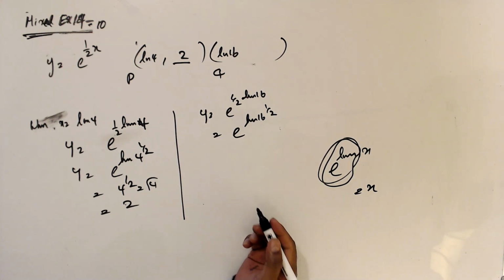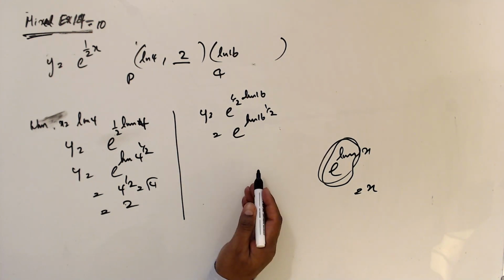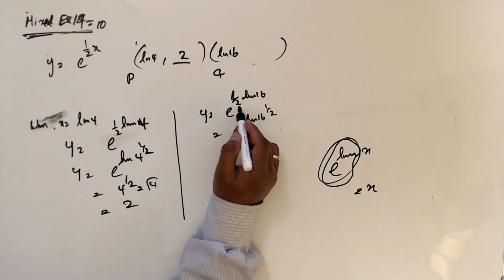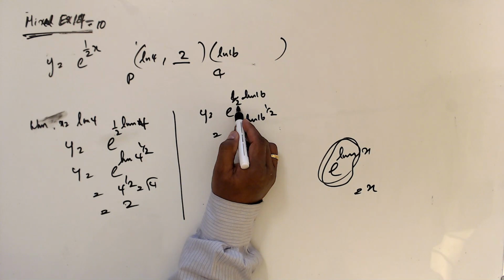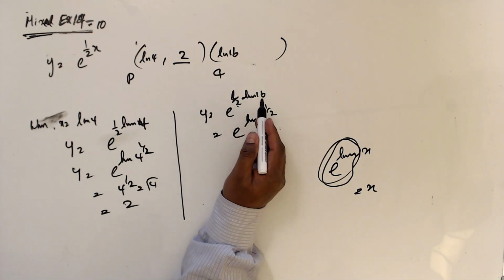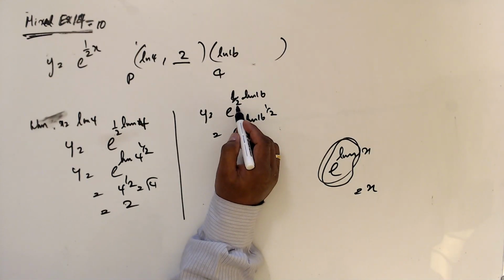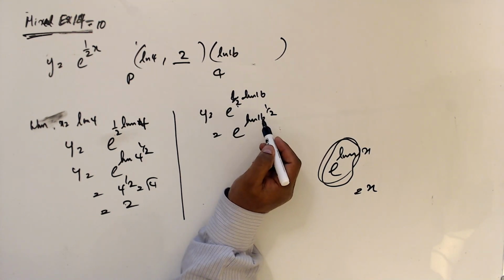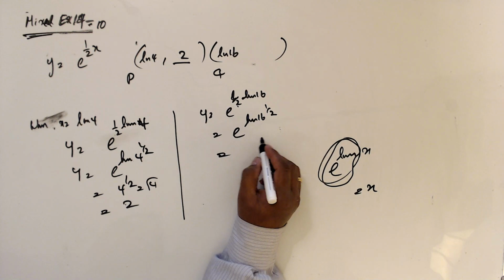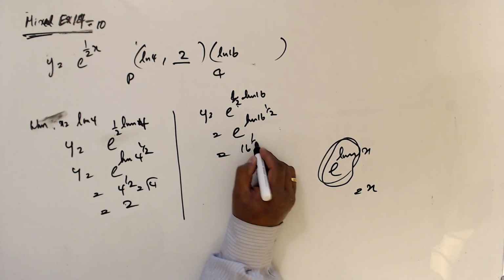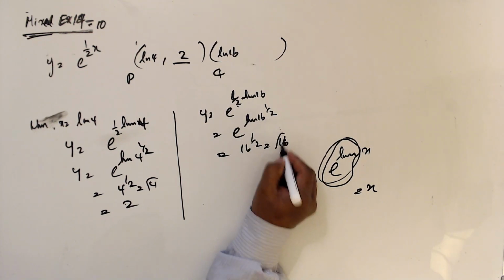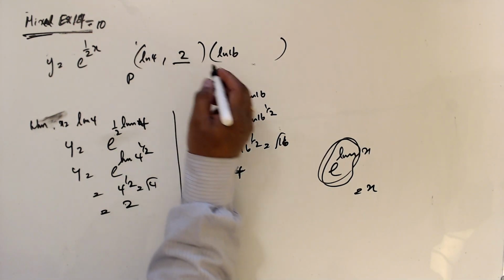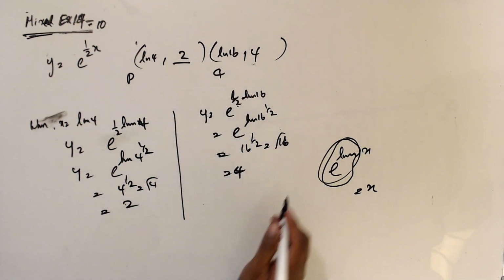Having that in your mind, you take this half away and you will get this form. So this is going to be 16 to the half, or square root of 16, that is 4. So this is going to be 2 and this is going to be 4.